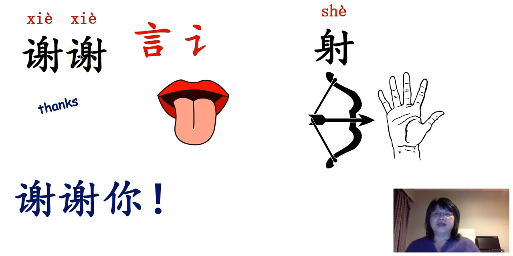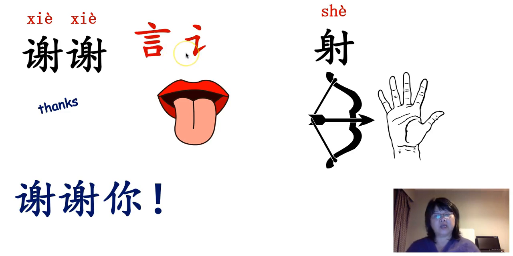谢谢. Okay, so we break this character up. The left hand side is language. This is the original or traditional character for language. You see underneath is a mouth, and the top is like a tongue. So we make it simplified. This is the language radical.